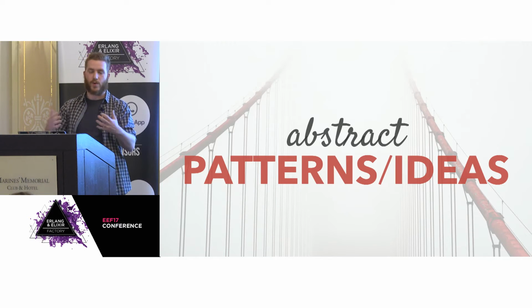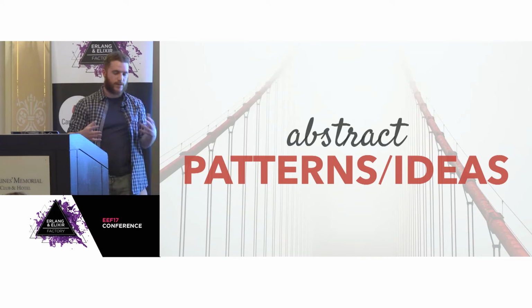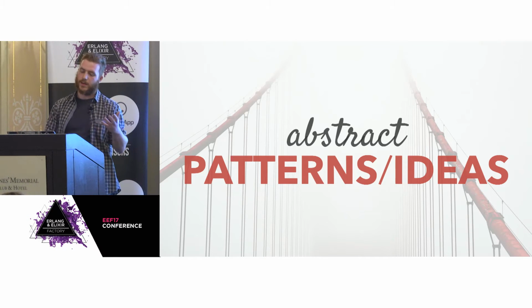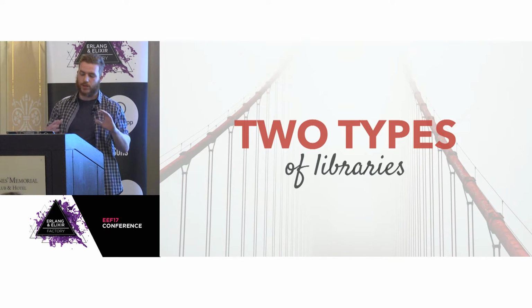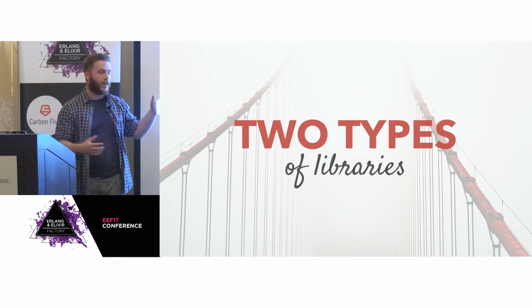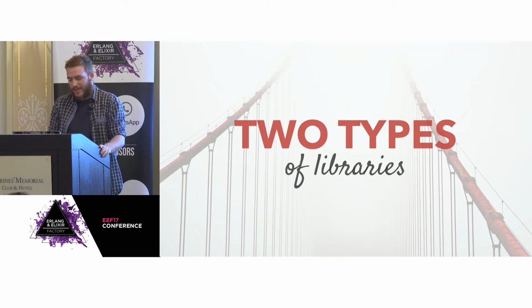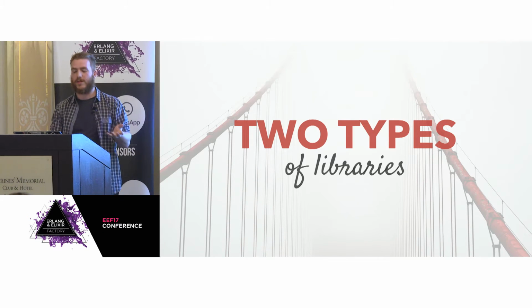So they give more context to solving problems. And I think these two types of abstraction, complex code and patterns and ideas, map to two main types of libraries, which I came up with because I couldn't find any literature on this, so this may be bullshitty, but from my experience, it boils down to two types of libraries.